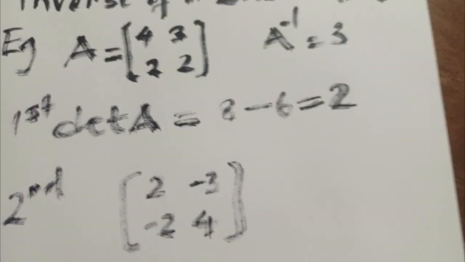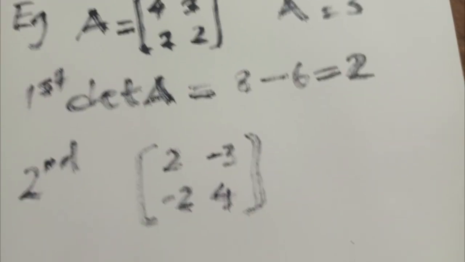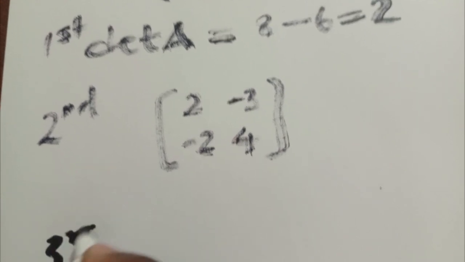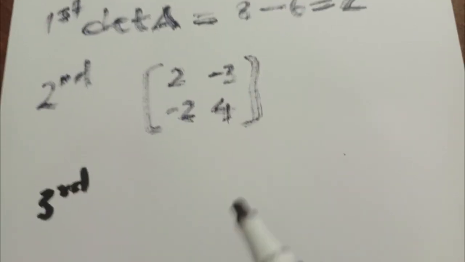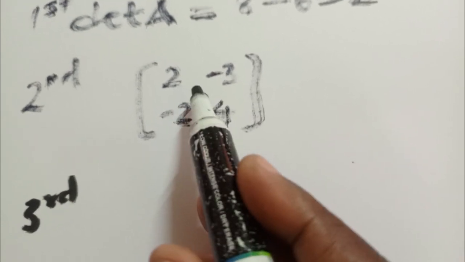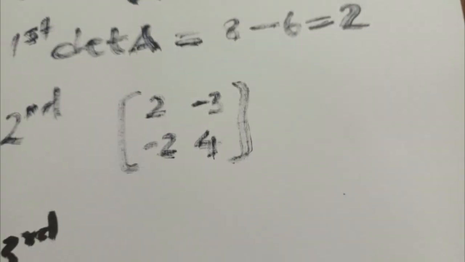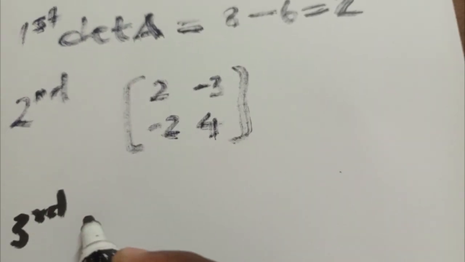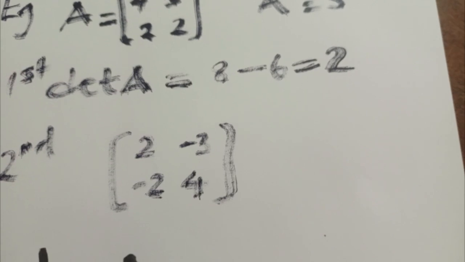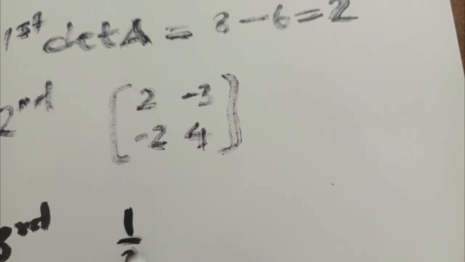Then the third step: we multiply this new matrix formed in the second stage by the inverse of the determinant. And what does that mean? The inverse of the determinant is actually the reciprocal of the determinant. So that is 1 over 2.